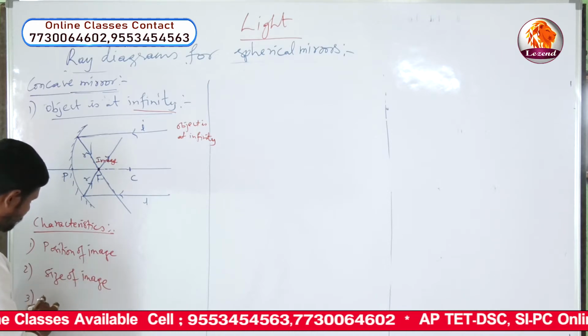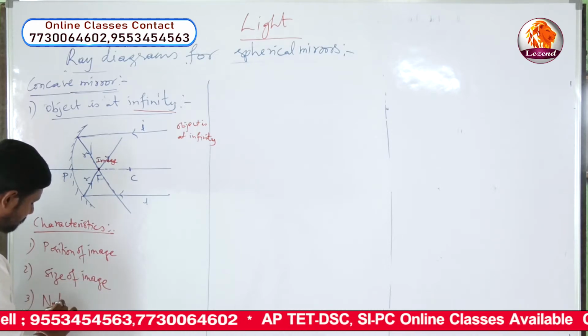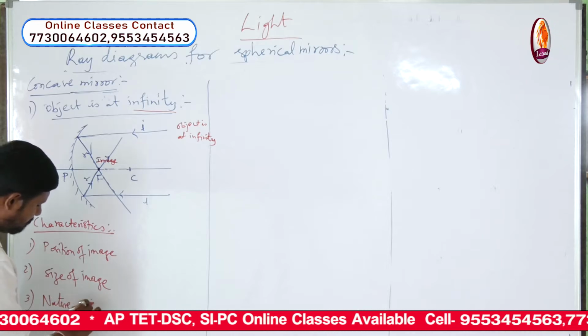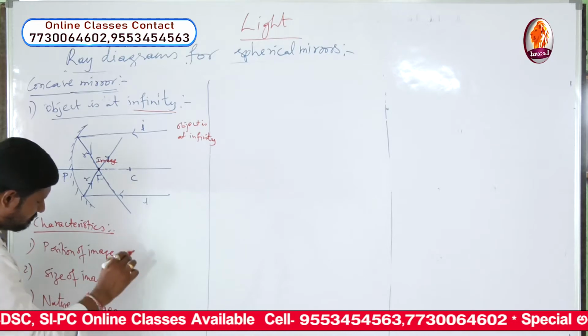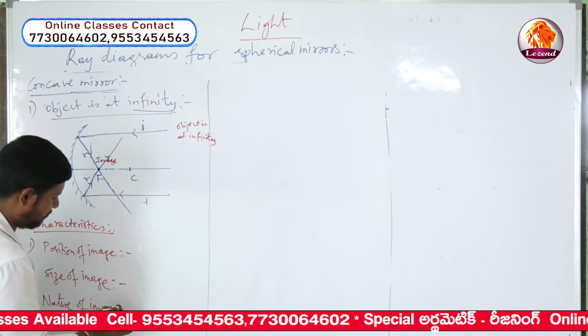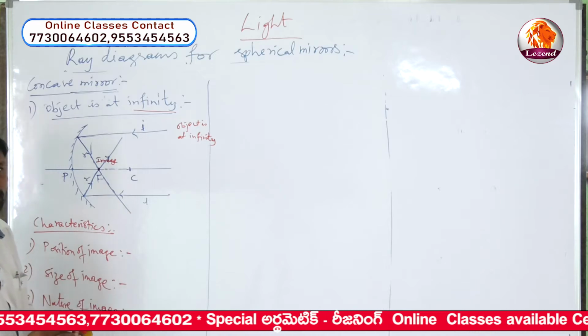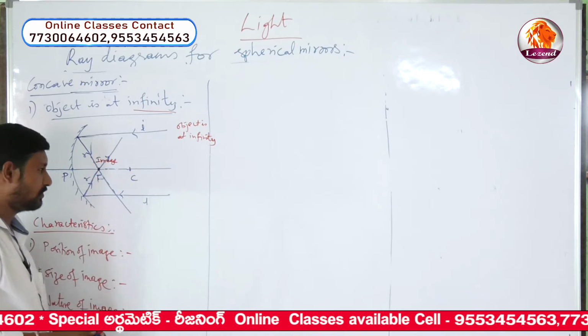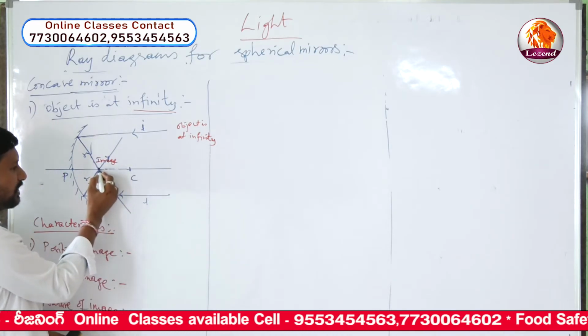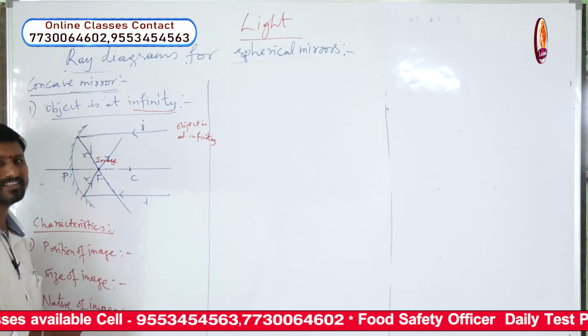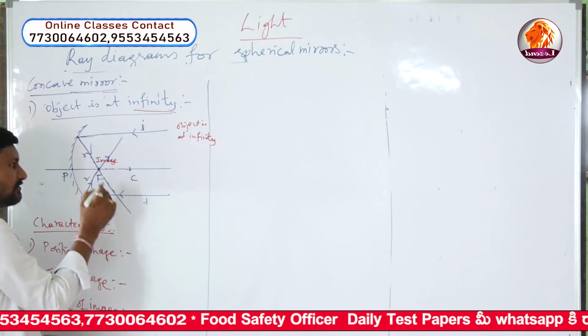And number 3, nature of the image. So these 3 points we need to write about this now. So look at this diagram now, and here the image is formed at this point. So what does it mean? What is the position of the image now?